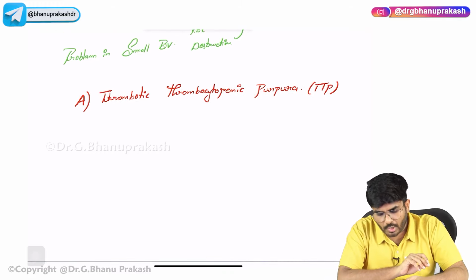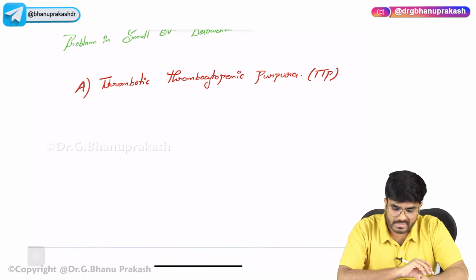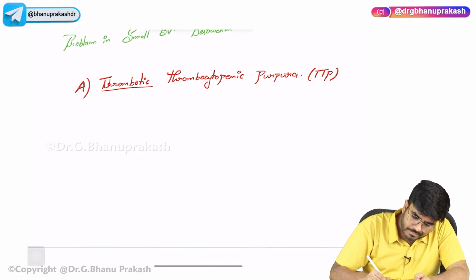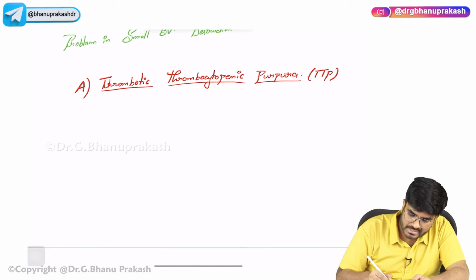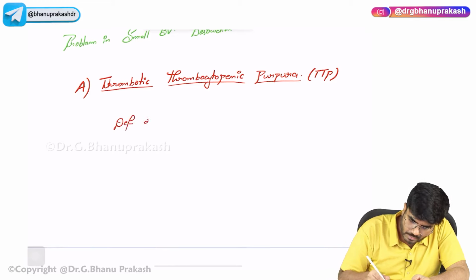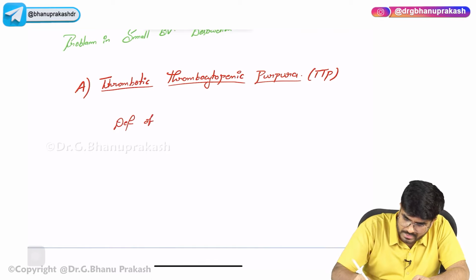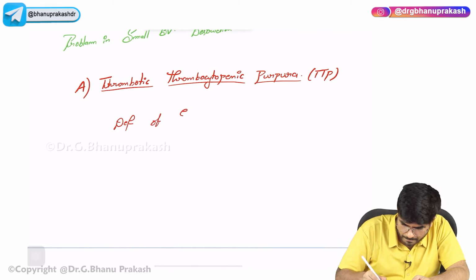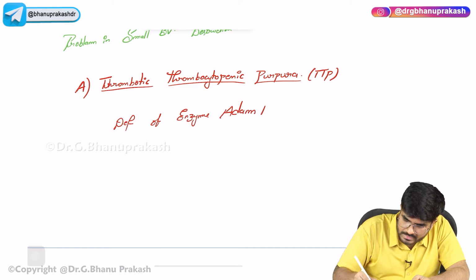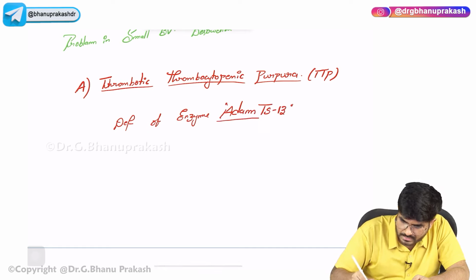So what is the problem in thrombotic thrombocytopenic purpura? See, in this condition there is a deficiency of an enzyme called ADAMTS13. So deficiency of ADAMTS13.